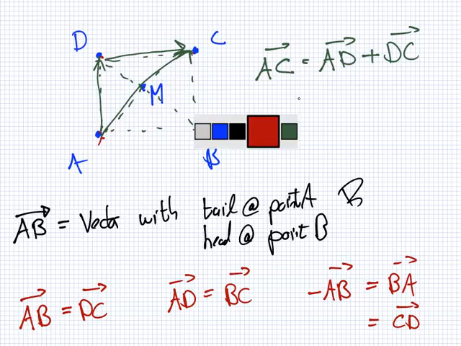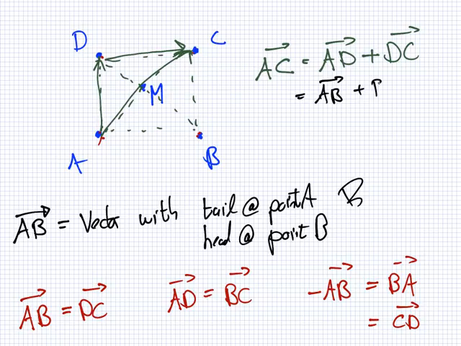Or the other way, you could even say AC is the same as AB plus BC. In fact, you could even say AC is AD plus DB plus BC.